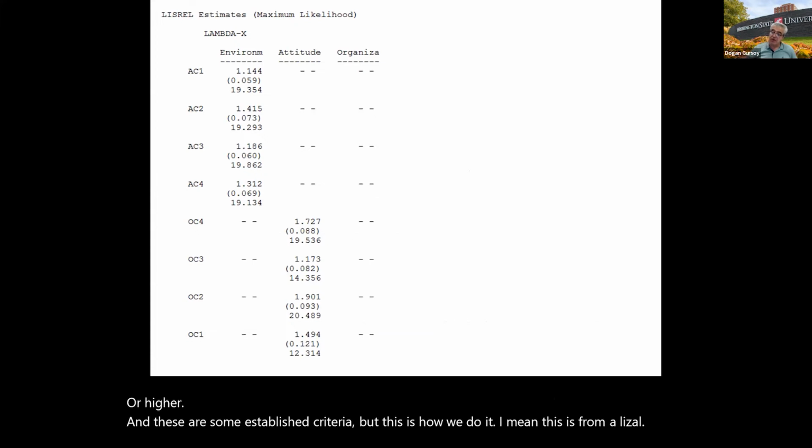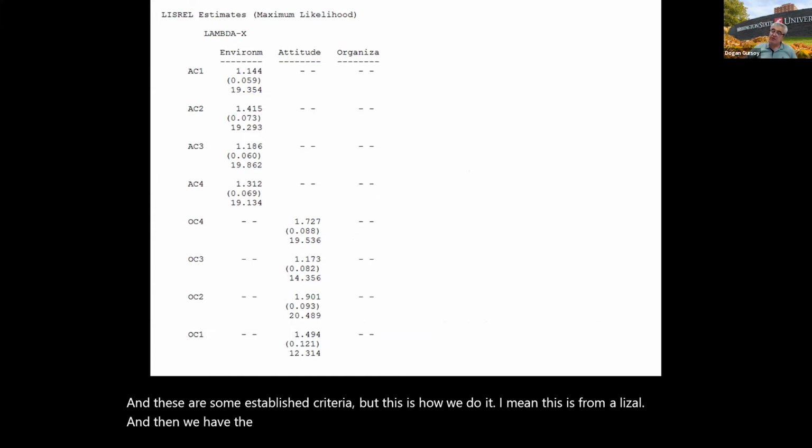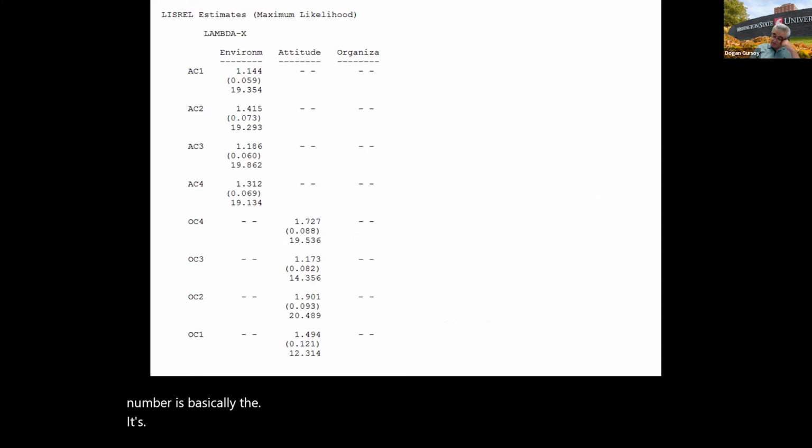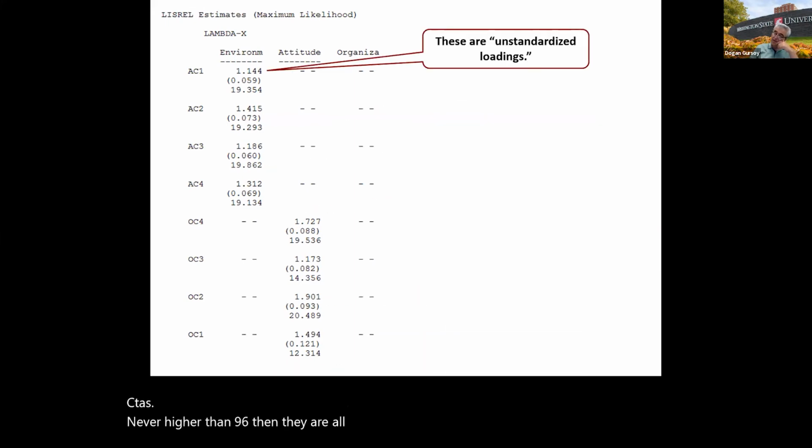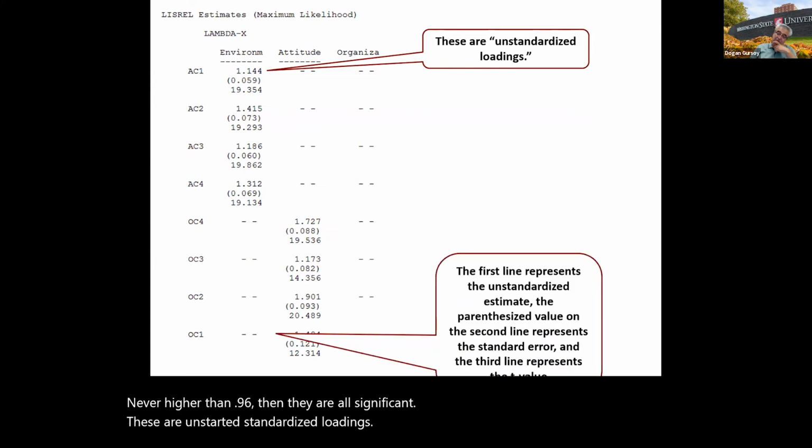And then we have the calculations: the first number, second number, and the third number. The third number is basically the t-value. If it's higher than 1.96, then they are all significant. These are unstandardized loadings.